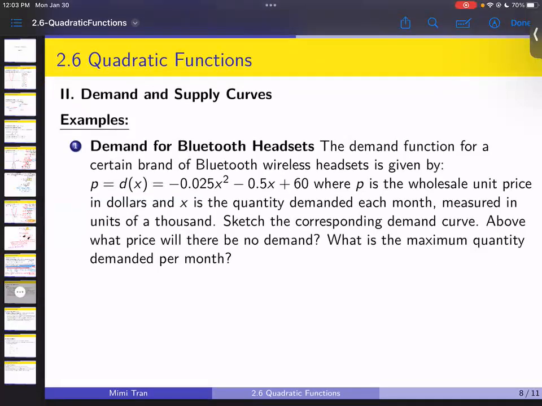Sketch the corresponding demand curve. Above what price will there be no demand? What is the maximum quantity demanded per month?